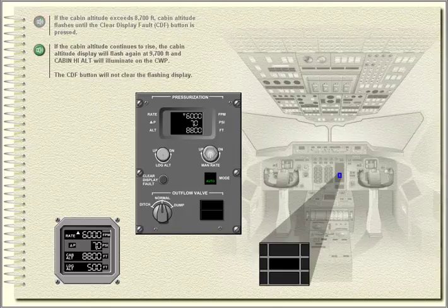If the cabin altitude continues to rise, the cabin altitude display will flash again at 9,700 feet, and Cabin High Altitude will illuminate on the central warning panel. The CDF button will not clear the flashing display.